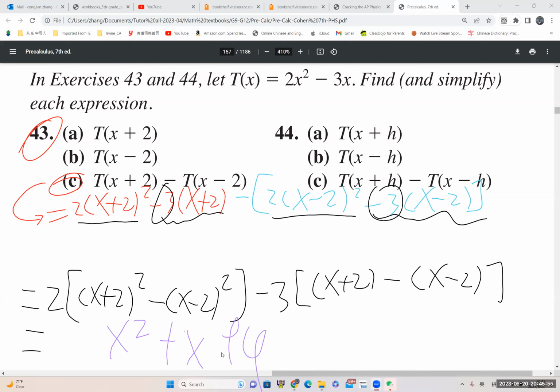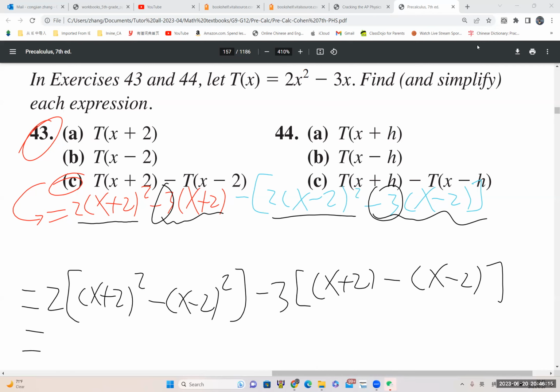X squared plus x plus what's this? 4. 4. Yeah. Okay. No, clear this. Okay, let me continue to finish it.